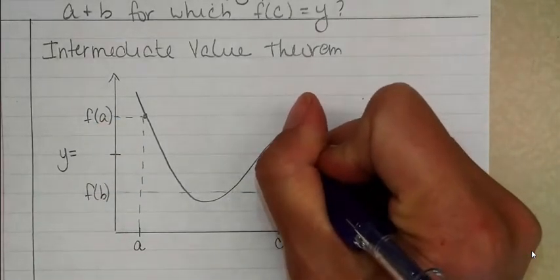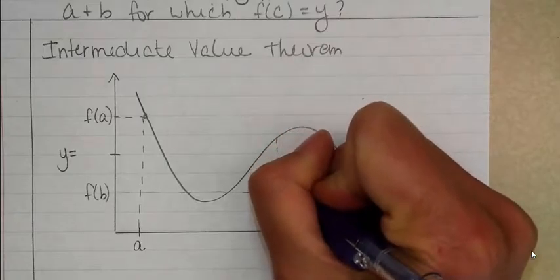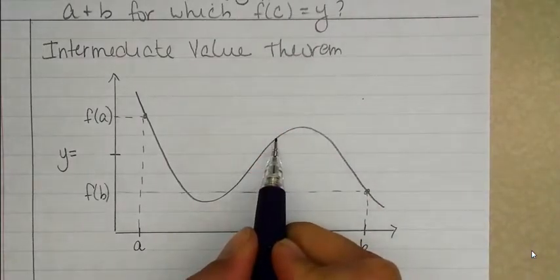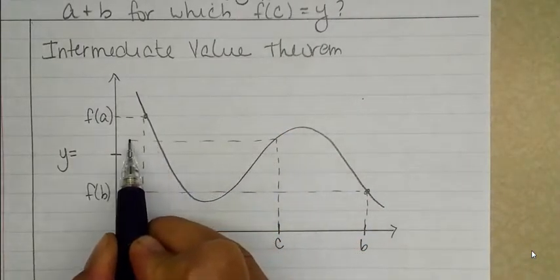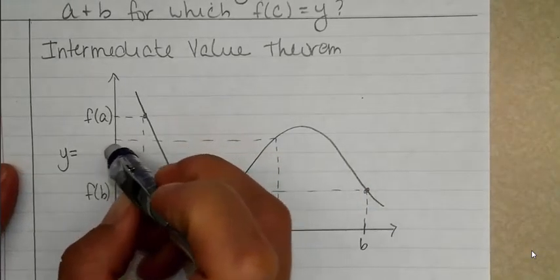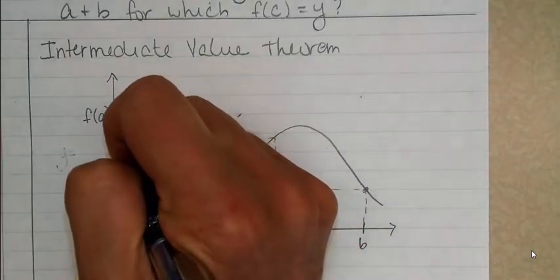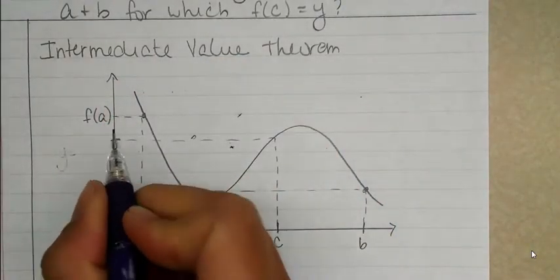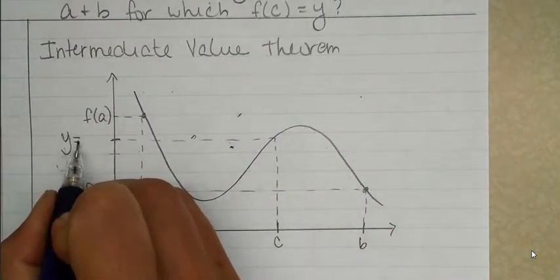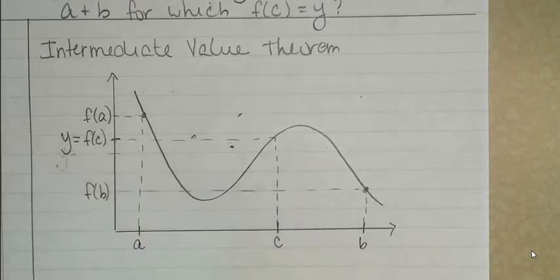Now I don't think I did a good job on this, because if I do this, I think it comes over here a bit more. So I need to go up a little bit. So we know that there will be an output, f of c, and vice versa.